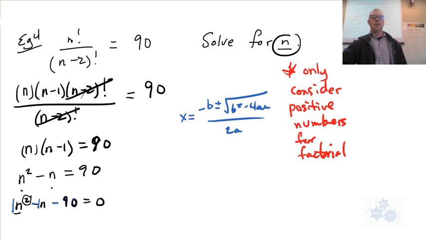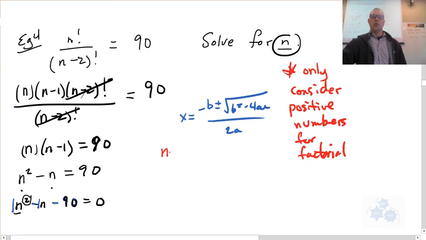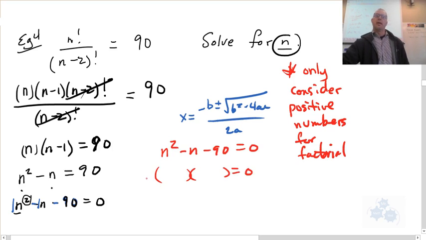Another way is not using the formula, but factoring this quadratic and using the zero product principle. It can be factored into two binomials. n is going to be the first term in each binomial, because when you expand this out, n times n has to give you this first term. Then we're looking for numbers that multiply to negative 90 and add to negative 1.